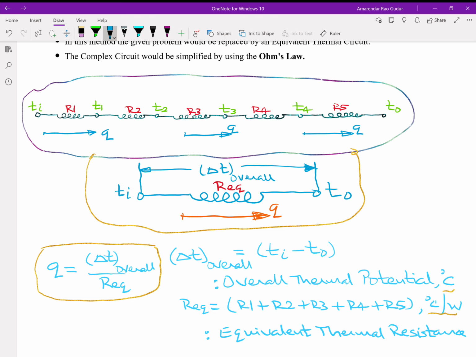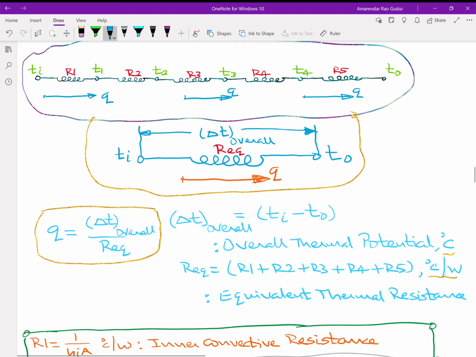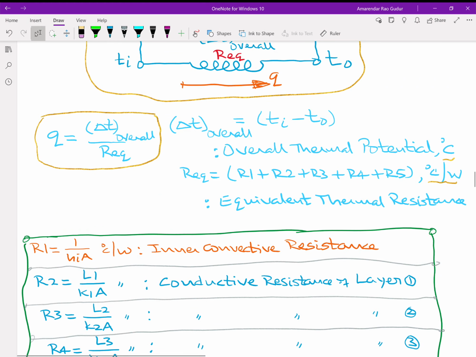Since all these resistances are working in series, blend them together to get your equivalent thermal resistance. Now Q becomes simply overall thermal potential Ti minus T0 by R equivalent. You can see by way of this concept overall thermal potential, we are able to eliminate the unknown temperatures T1, T2, T3, T4.